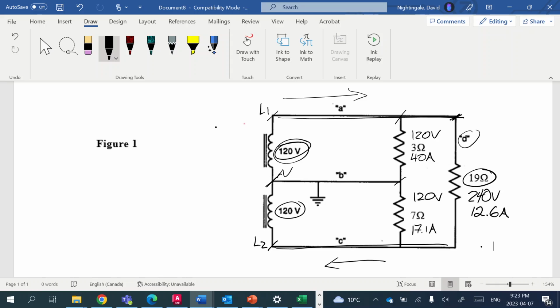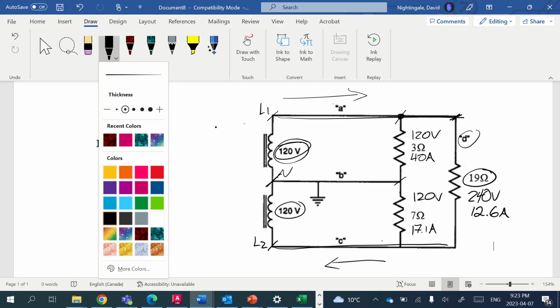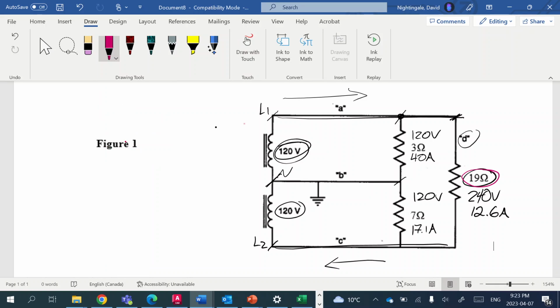If it was going the other way, no big deal, but let's stick with clockwise. So out of line 1 then, we need enough current to feed 40 amps into our 3 ohm resistor here, as well as the 12.6 amps going into this resistor here.